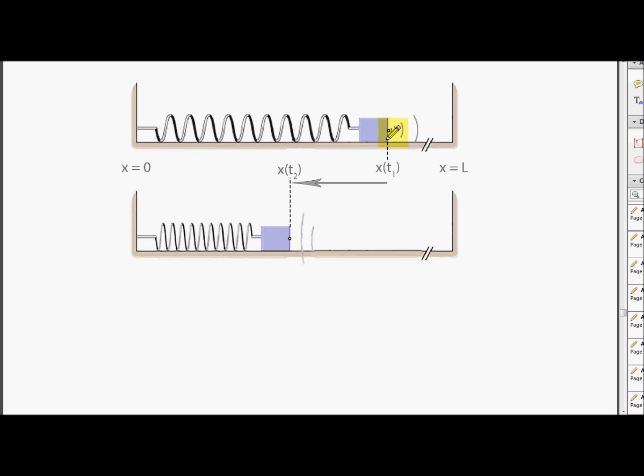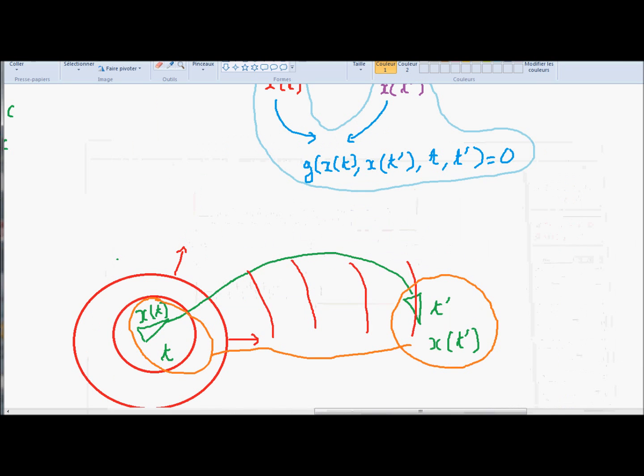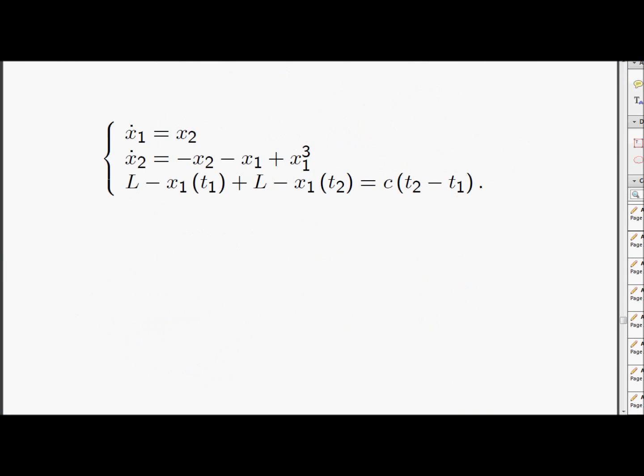Then I will get this equation. Here it is the evolution equation, and here it is the time-space constraint, which links the state at time t1 and the state at time t2. So here is a link between the two.